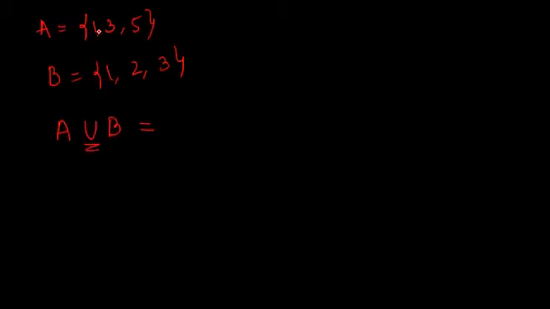First, we write all the elements of A: 1, 3, 5, and then all the elements of B. 1 has already been written, so we don't need to write it twice. 2 is missing, so we write 2 here, then 3, and 5 is in A. So this is A union B.